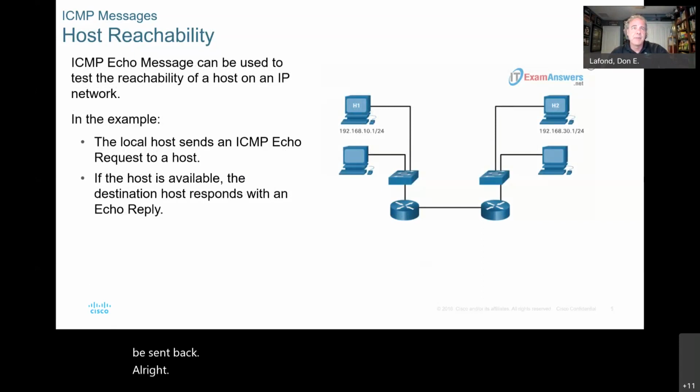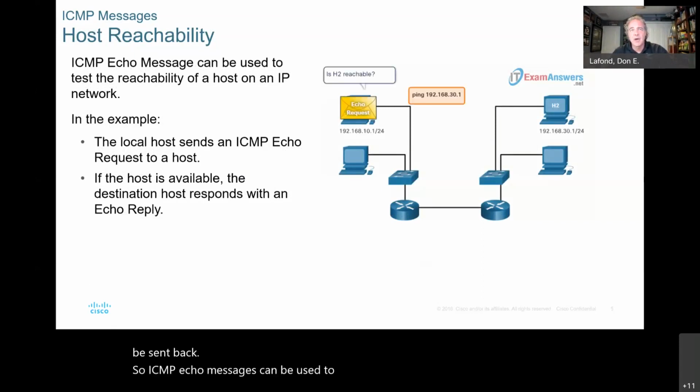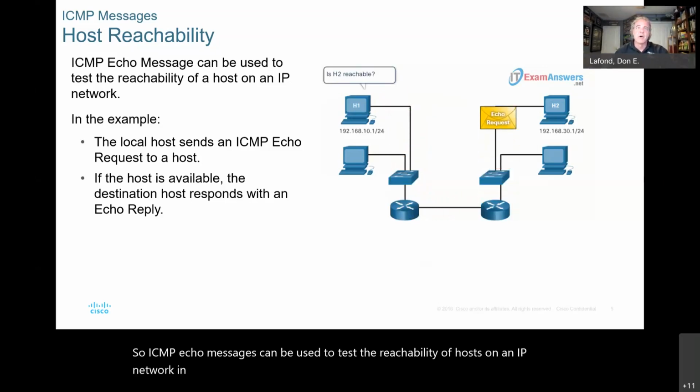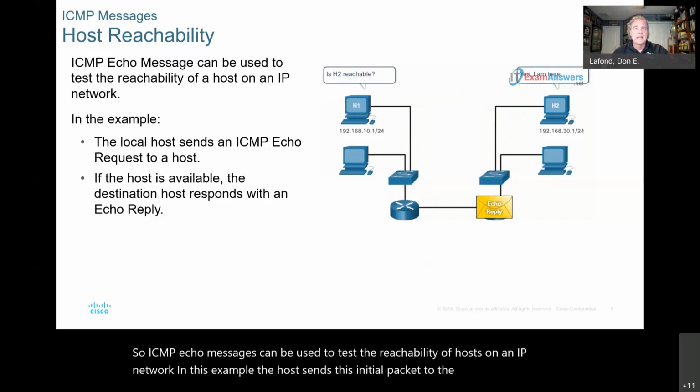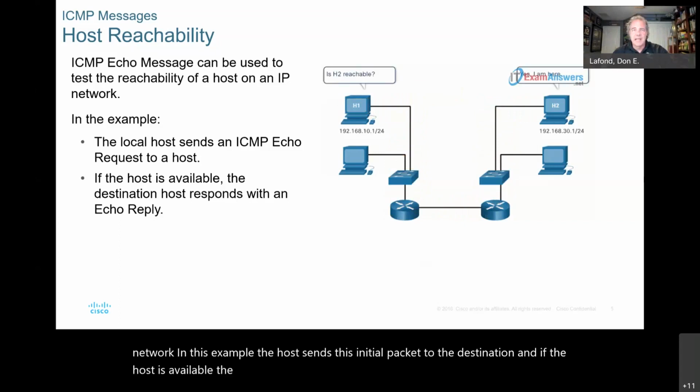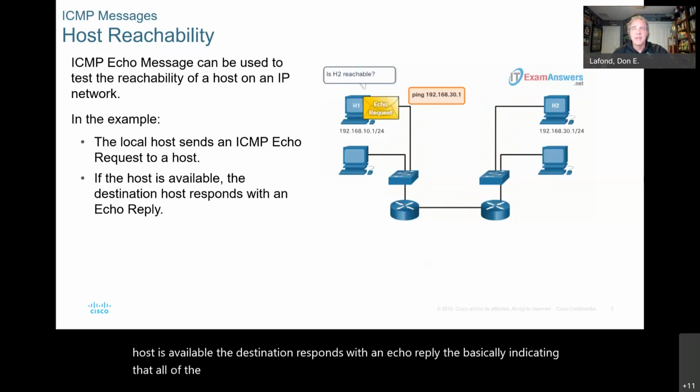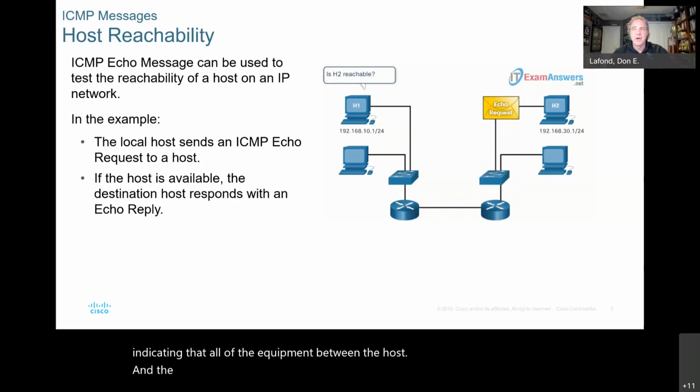So ICMP echo messages can be used to test the reachability of hosts on an IP network. In this example, the host sends this initial packet to the destination. And if the host is available, the destination responds with an echo reply, basically indicating that all of the equipment between the host and the destination IP address are correct.